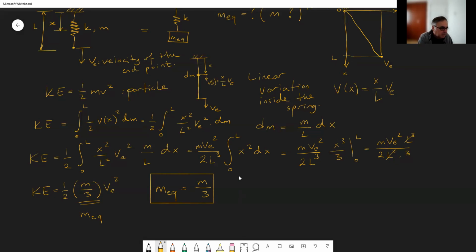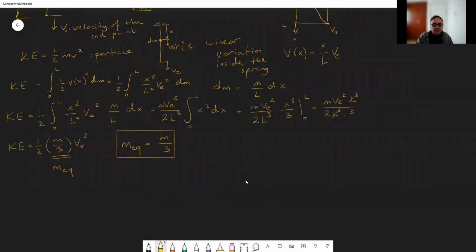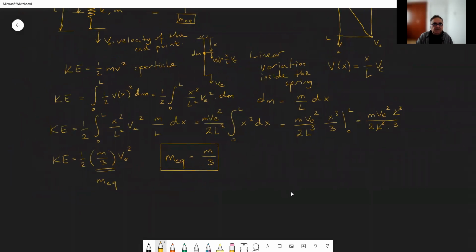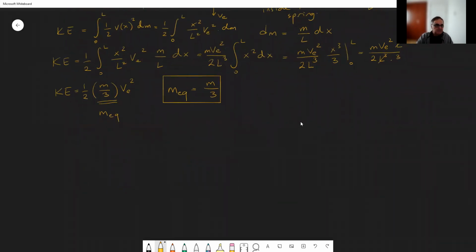So the equivalent mass of a spring, if the mass were concentrated at the bottom, would be 1/3 of its original mass.